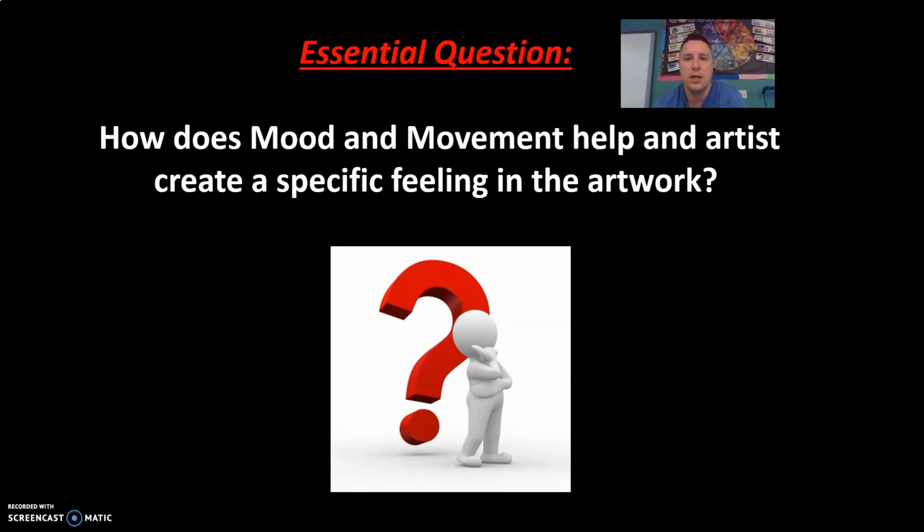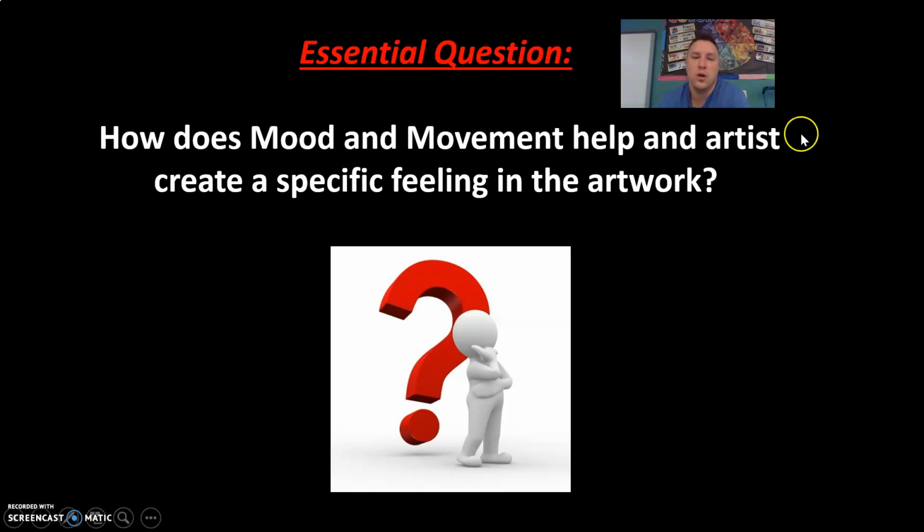Now, going to today's question, your investigative question, we want to discuss how mood and movement help an artist create a specific feeling in the artwork. And I basically just discussed that in the last slide, about making sure your figure, the pose, is showing the exact movements and angles of the body positions to help show that mood in your art.